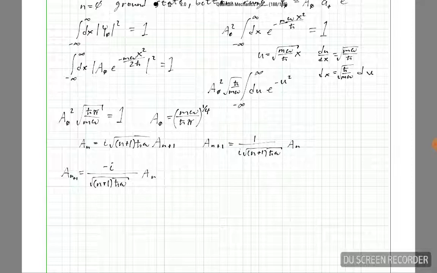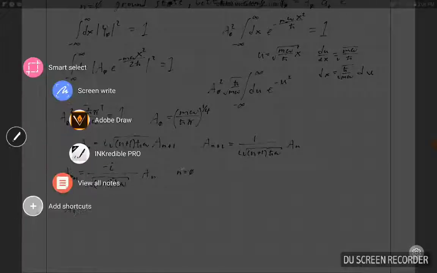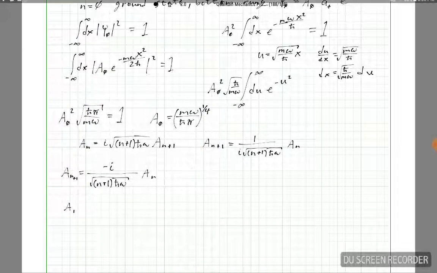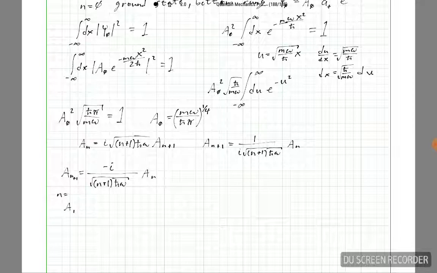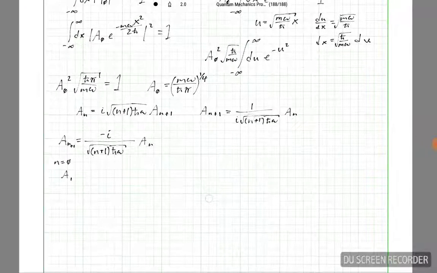So now let's plug in n equals 0. I'll plug it in over here so it's a little bit more separated.